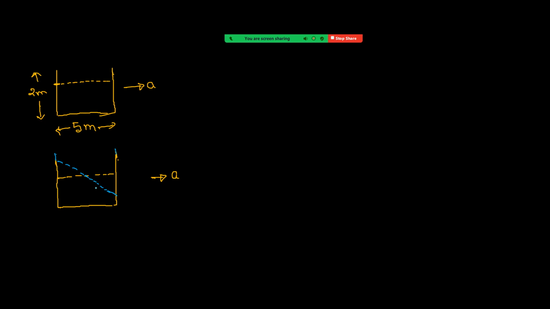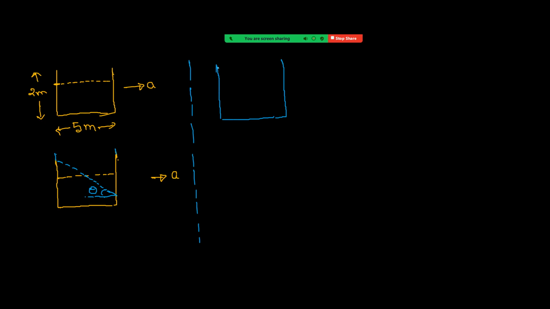Okay. Now we have to focus: what is the angle made by this free surface with the horizontal? Okay. Let us see how to start. So the vessel is now accelerating horizontally. The free surface will be inclined.